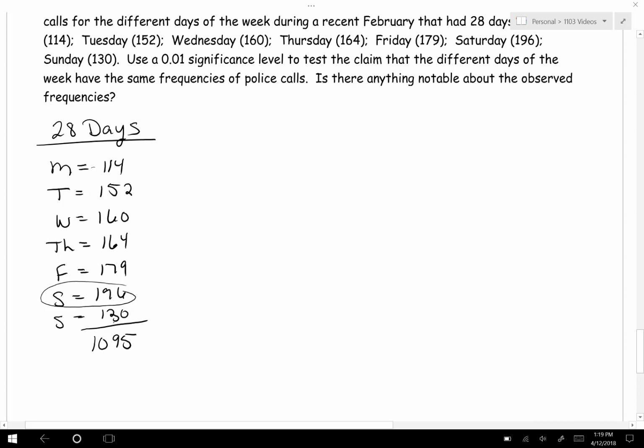So the first thing is our expected values. These are the same. That's what we're hypothesizing, right? That they have the same frequencies.